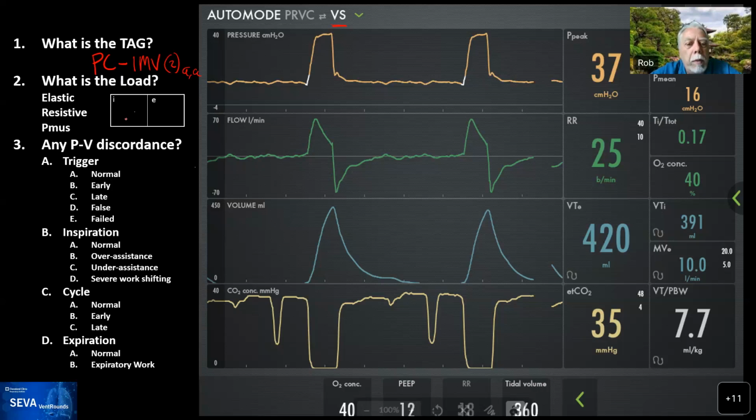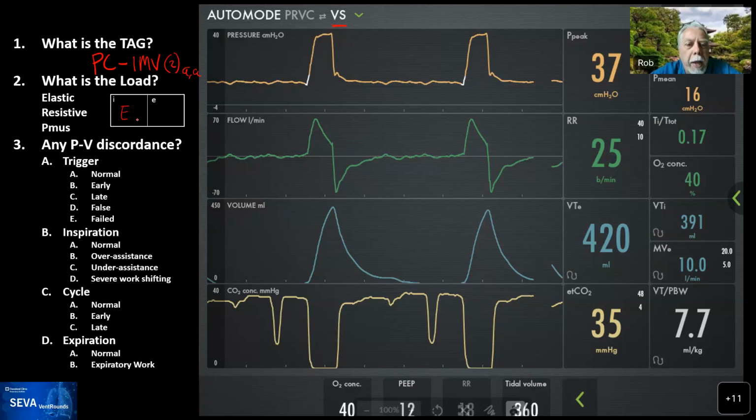Would you think that this is elastic or resistive? I would say elastic, because first of all, you can't really tell from the inspiratory waveform because it's a short inspiratory time.